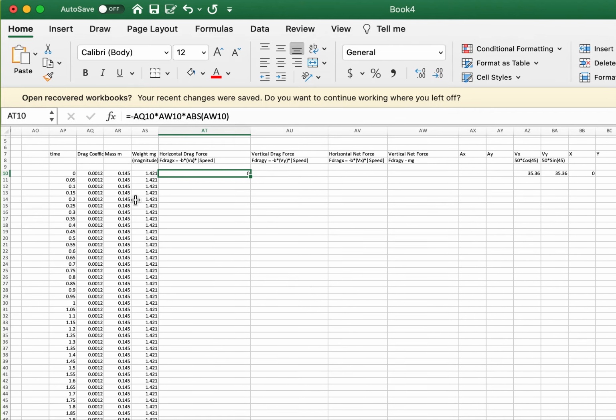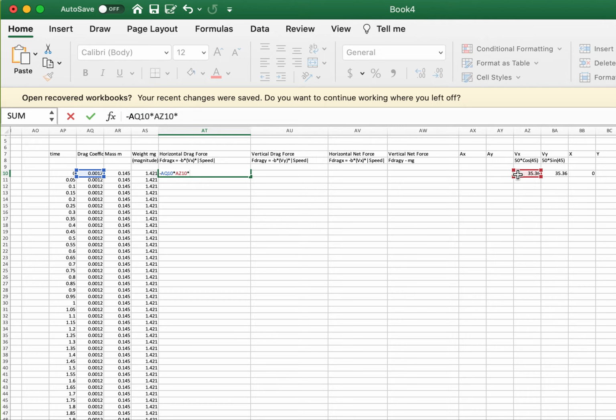Now we want negative b, which is negative AQ10, multiplied by your x component, which is AZ10. And then here's the tricky part that trips people up. You can't just multiply by the absolute value of Vx or something.